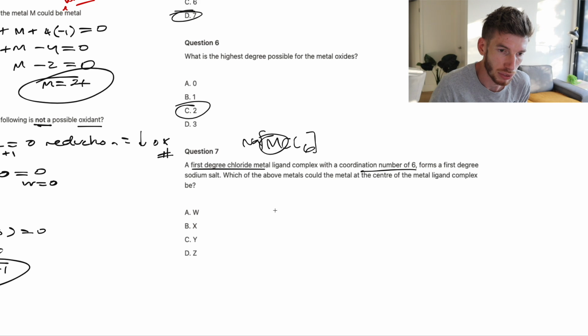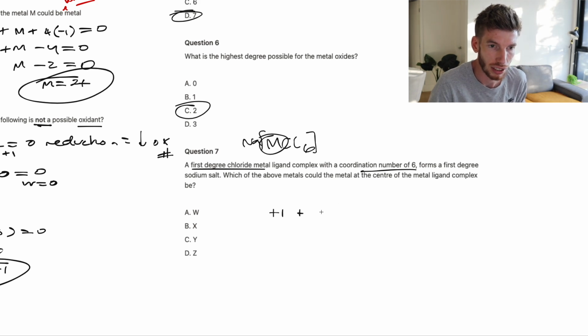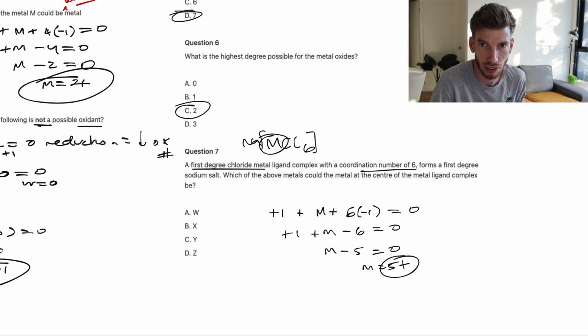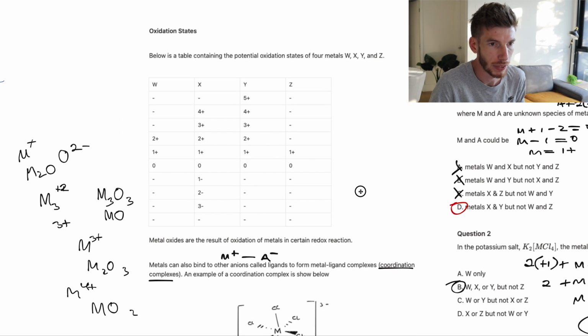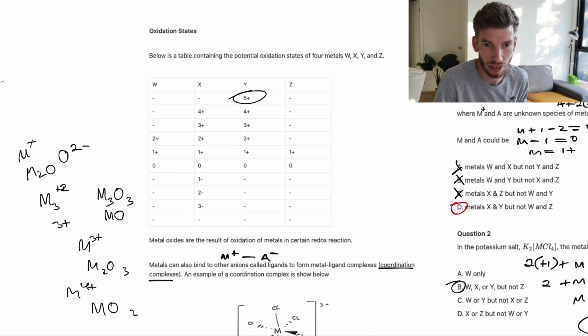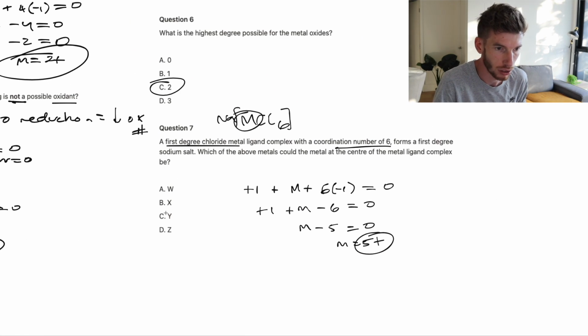So that means that we've got +1 from the sodium, and then plus metal plus 6 chlorides, which are -1, equals 0. So +1 plus M minus 6, like this, you get M minus 5. M is in the 5+ state, and then we go over to the table, and we can see the only one that forms a +5 state is Y, and so therefore it's metal Y. Done.